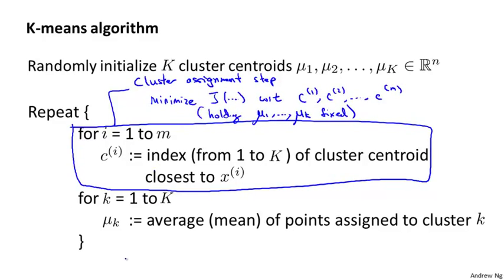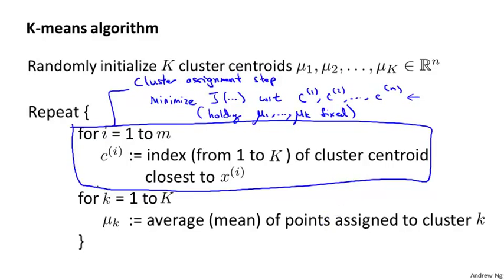So the cluster assignment step doesn't change the cluster centroids, but it exactly picks the values of c^1, c^2 up to c^m that minimize the cost function or the distortion function J. It's possible to prove that mathematically, but I won't do so here. It has a pretty intuitive meaning: let's assign each point to the cluster centroid that is closest to it, because that's what minimizes the squared distance between the point and its corresponding cluster centroid.